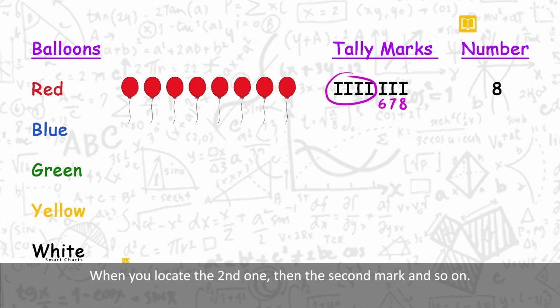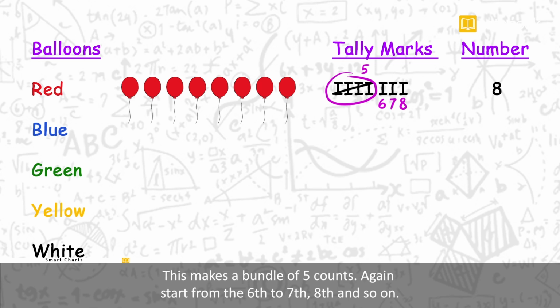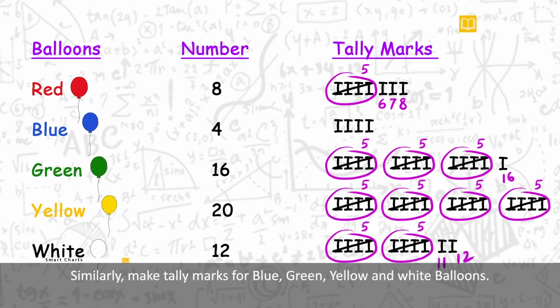When you locate the second one, then the second mark and so on. When you locate the fifth, just cross over the first 4. This makes a bundle of 5 counts. Again, start from the 6th to 7th, 8th and so on. Similarly, make tally marks for blue, green, yellow and white balloons.